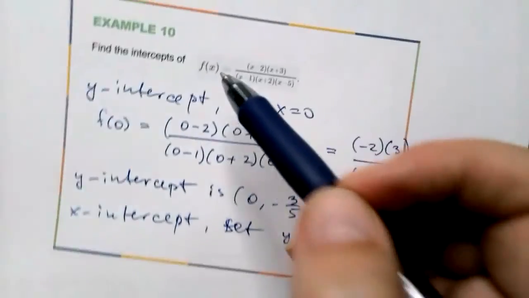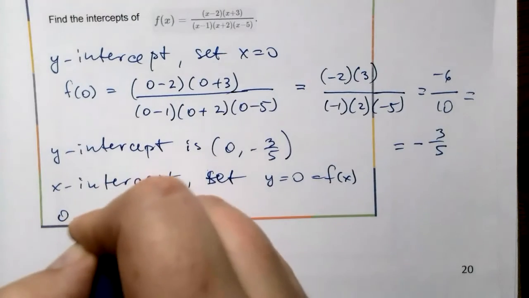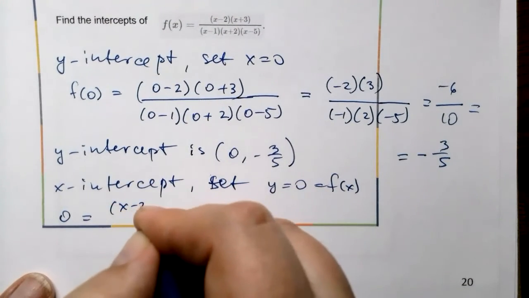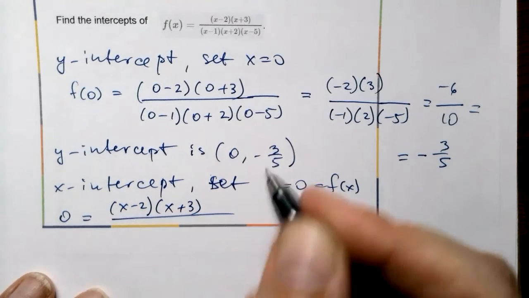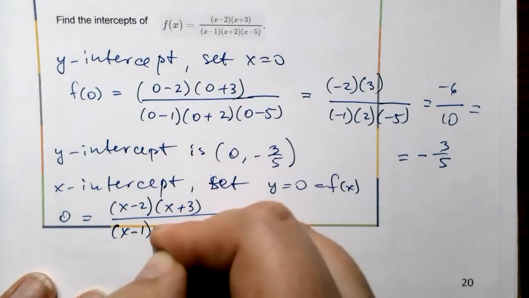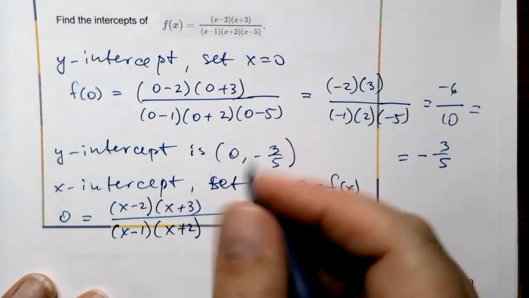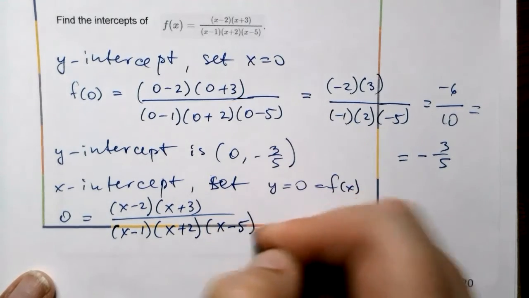So we're going to take this function and set it equal to 0. 0 equals x minus 2, x plus 3 over x minus 1, x plus 2, and x minus 5.